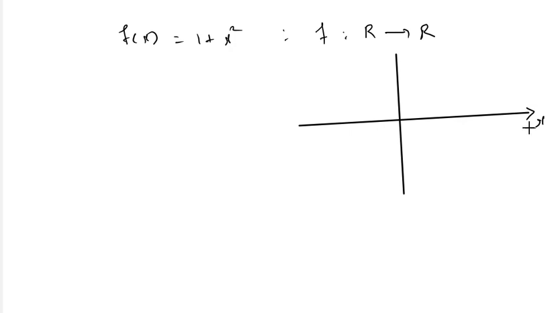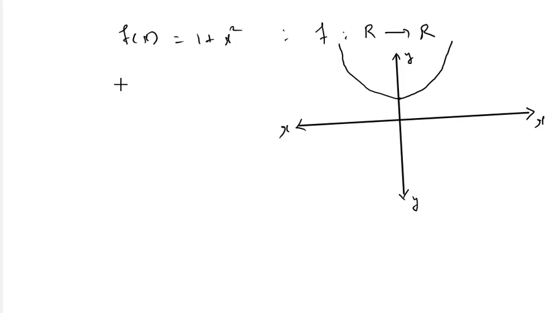This is the x-axis, y-axis. When x equal to 0, y equal to 1, this is the vertex of the parabola, and it opens in the upward direction. Actually this is the graph, and we know that a parabolic real function is not a one-to-one function for two different values.